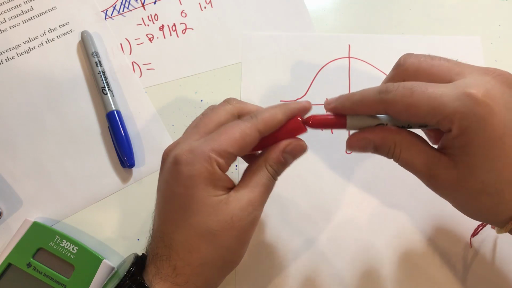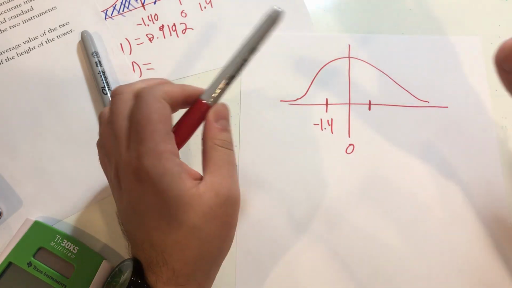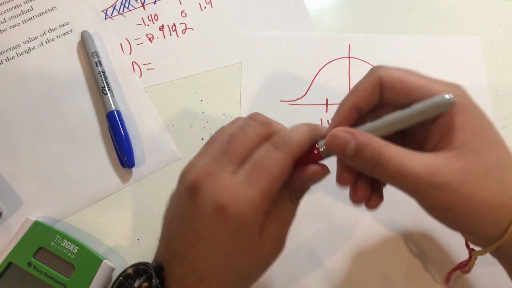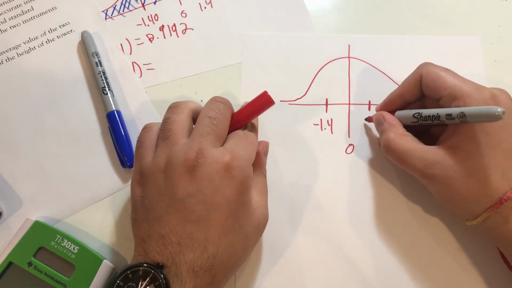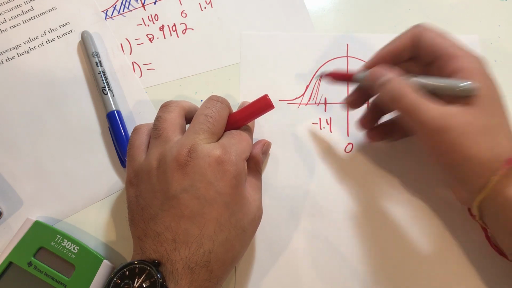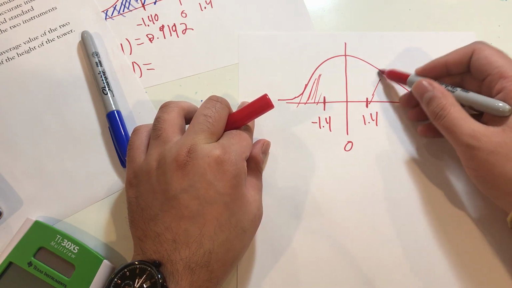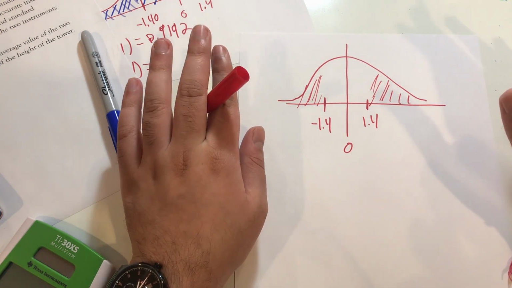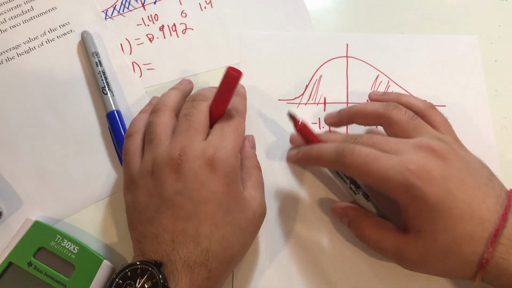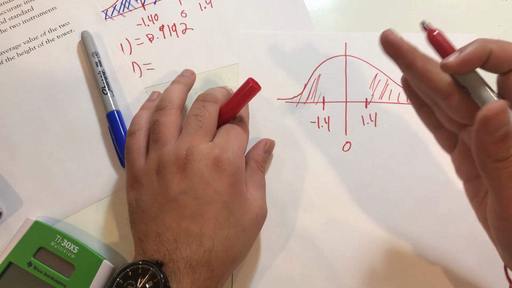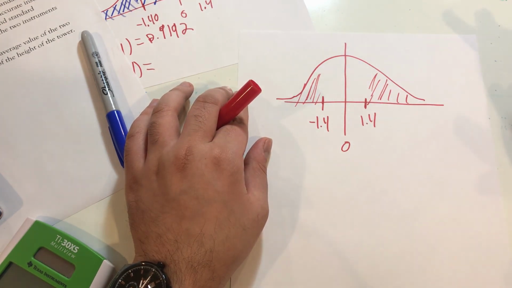There is an equal amount of area on this part of the graph as there is on this part of the graph. The area under the curve from negative infinity up to negative 1.4 is equal to the area from 1.4 up to positive infinity.